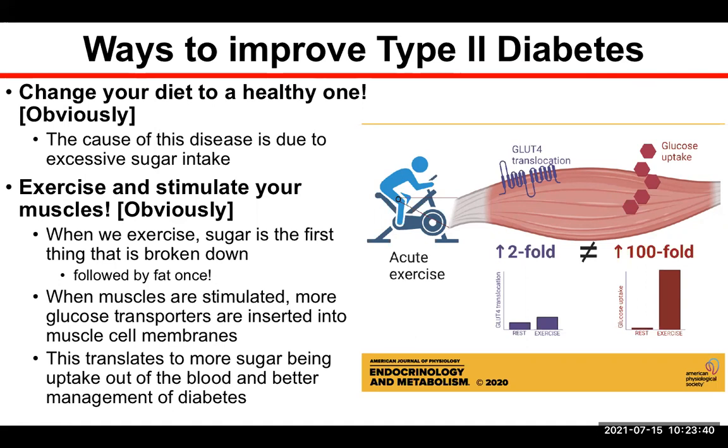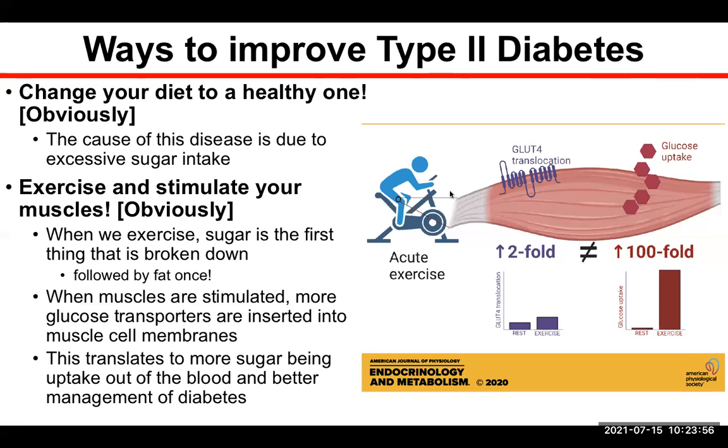If we just lower intake of processed sugars and increase our intake of the good sugars like fibers, we could definitely lower the amount of sugar that is found in our blood.